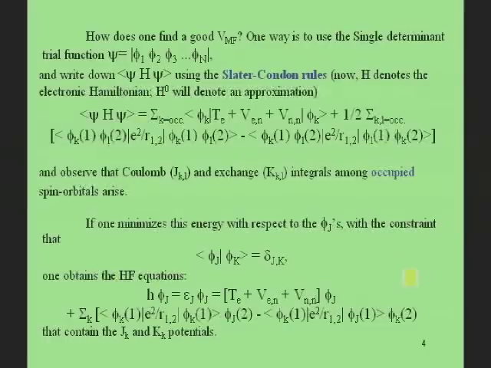But let me make one parenthetical comment here about this. We say that we minimize the energy with respect to these orbitals. That's not quite true. We have a function here that is a function of these orbitals, and you can see it's quadratic. See, here's phi j, phi k, and phi k. So the function is quadratic in these unknown functions, phi's, but it's also quartic. See, phi phi, phi phi, phi phi, phi phi.